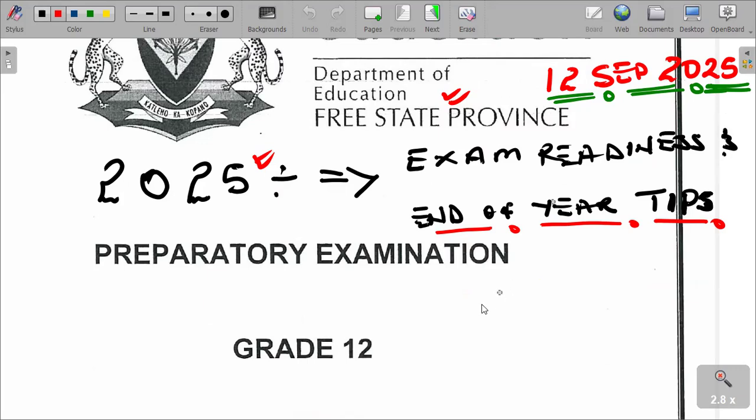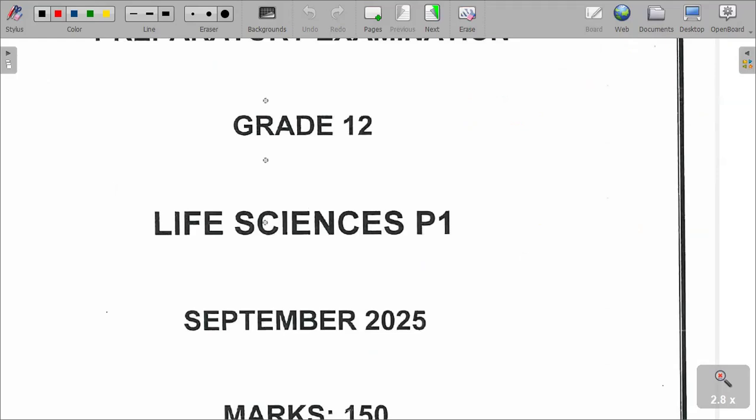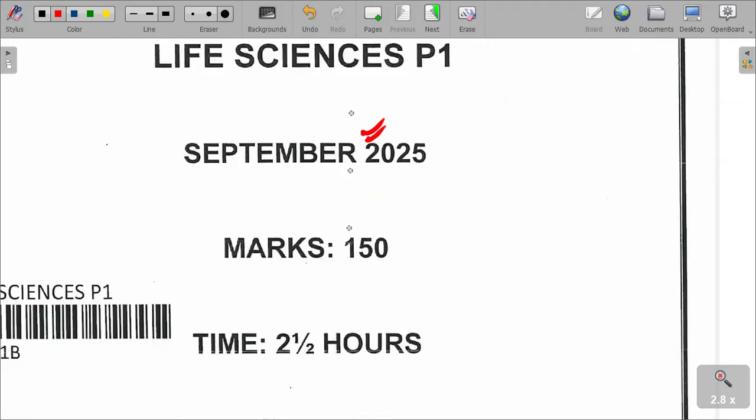And without wasting any time, don't forget that we are revising Paper 1, Grade 12, Free State, written 12 September 2025. You know the marks and time allocation, we are quite aware of that.